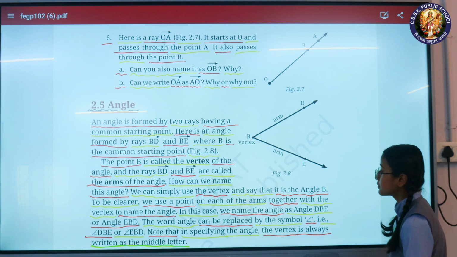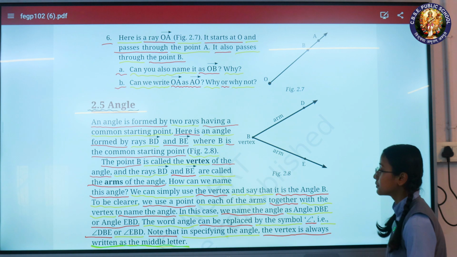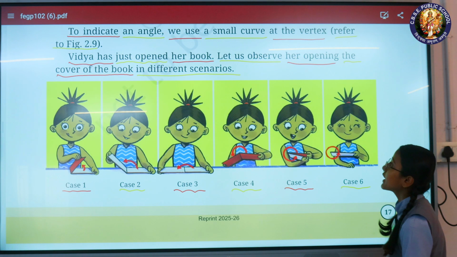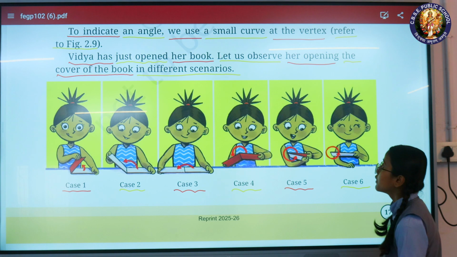Note that in specifying the angle, the vertex is always written as the middle letter. To indicate an angle, we use a small curve at the vertex. Refer to figure 2.9.